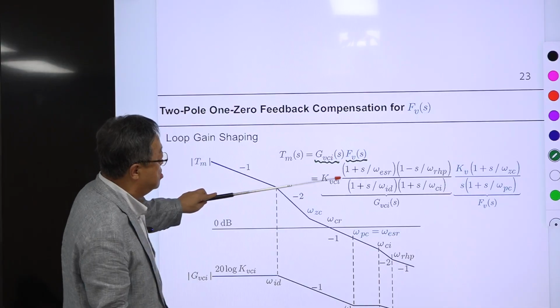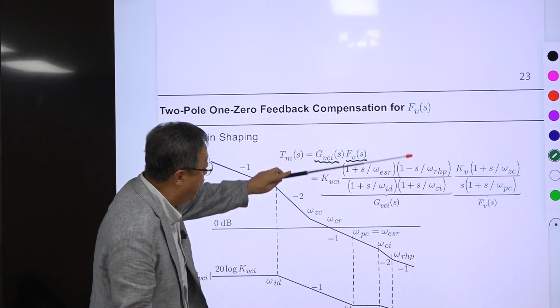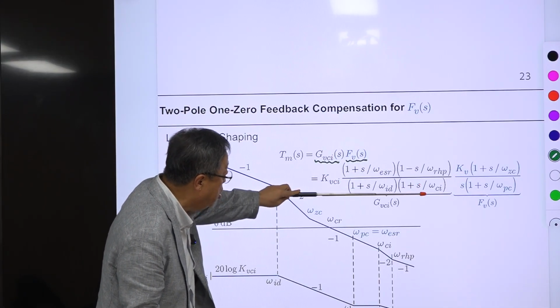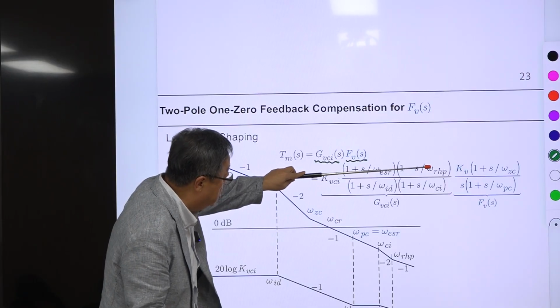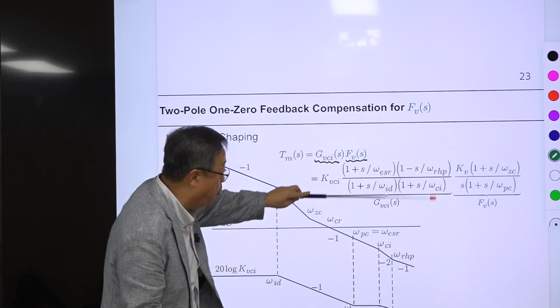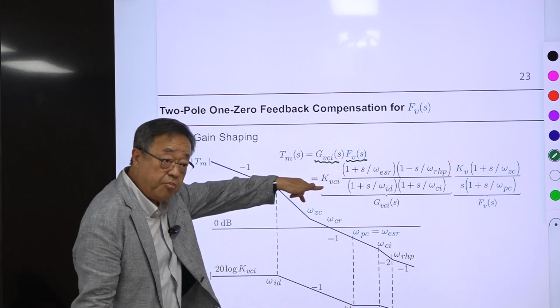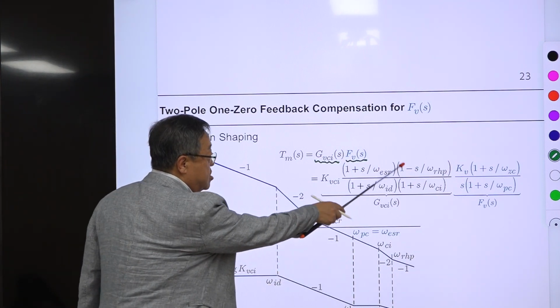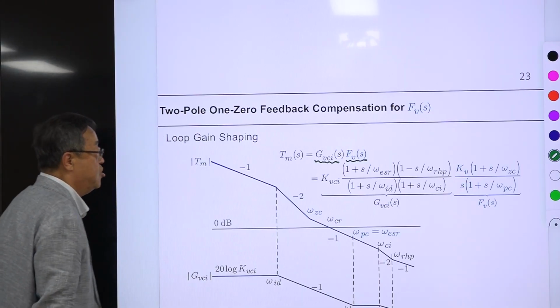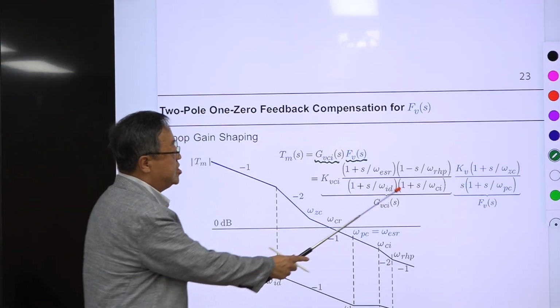So this is the expression we derived. We have this constant gain and 2 zeros and 2 poles, but 1 zero is a right half plane zero. So the magnitude will be flat because the order is the same, but the phase will be different because this is an RHP zero. Then we select this.